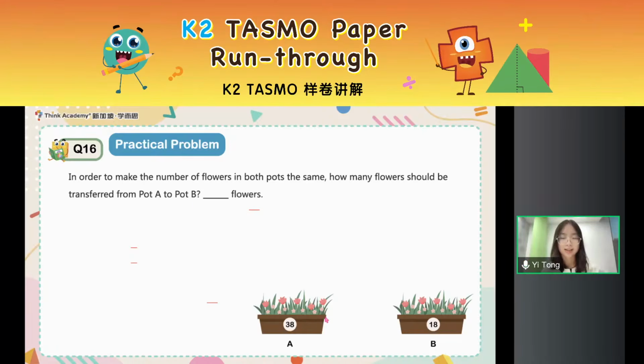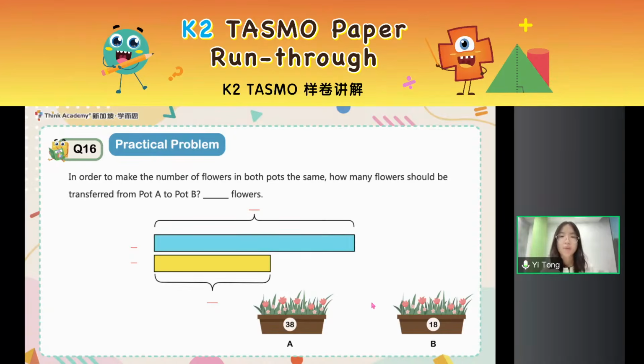Let's take a look. First, let's draw out the flowers. Oh, but 38 flowers, that takes forever. What is a quicker way to do it? We can use some shapes to represent these numbers. So I'm going to draw the shape out. Which one is 38 and which one is 18?